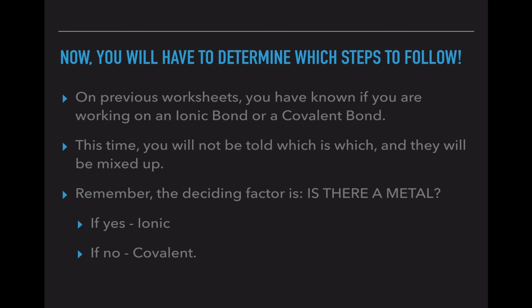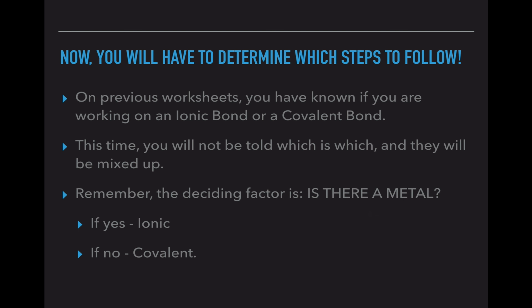Now here's the catch. After we practice with covalent bonding only for a day or 2, next thing I'm going to do is start mixing things up. And once that happens, you will not be told which type of bond is occurring. You will have to determine it yourself. That means the first thing you need to look for, or the deciding factor, is: is there a metal? If your answer is yes, it is an ionic bond.